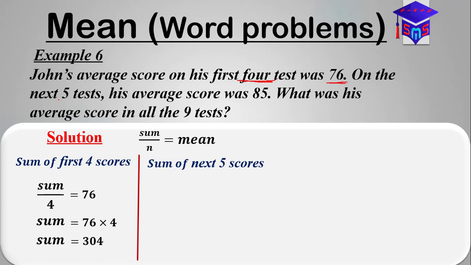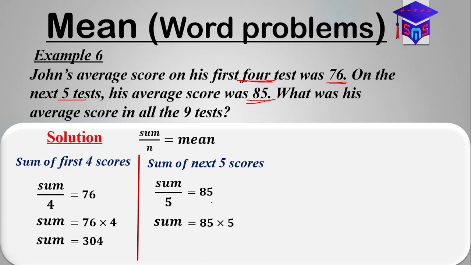Over here too, we have n to be 5, and the average or the mean to be 85. So you fix them into the basic deduction, and you have the sum over 5 is equal to 85. You solve this and you get the sum to be equal to 85 times 5.